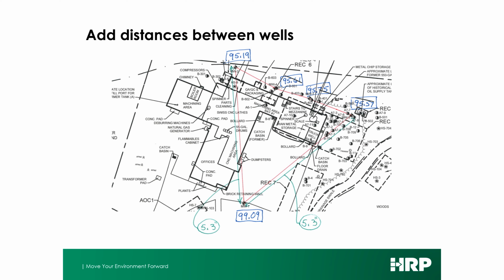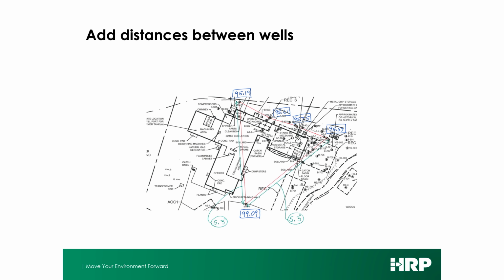So as it turns out, I only needed to do 2 calculation lines here to do my groundwater contours. Oddly enough, when I measured the distance from MW1 to 2 and 1 to 5 with my scale, it's the same distance. So it's getting even easier. And I did not know that until I was actually making these up. So it happens.